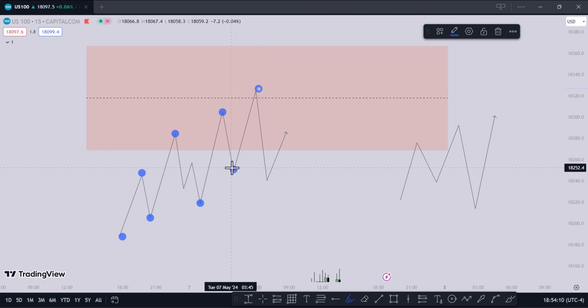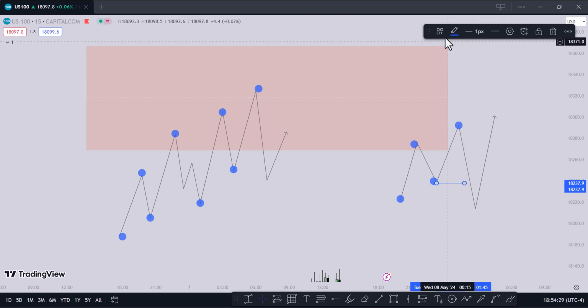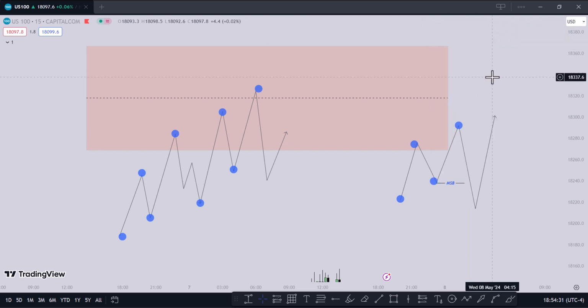This is the last protected low. If you want to look for a valid market structure shift, you want price to take down and close below the last protected low, this one right here that created the high, and we do have that here. So this is a violation of a protected low, and this is a market structure break, a market structure shift.